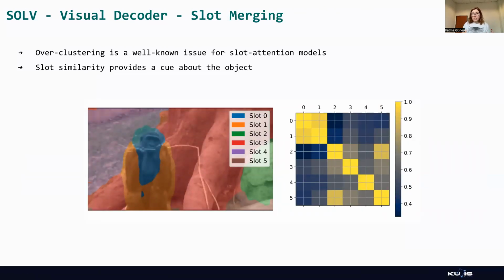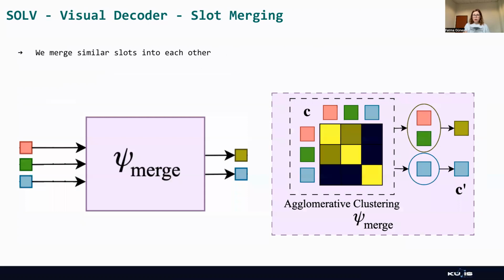So in slot attention, we have a fixed number of slots. Therefore, typically slot attention approaches suffer from the overclustering issue. Good news is that when we look at the similarity matrix of slots, we see that pixel embeddings from the same object are closer to each other than those of different objects. So we can simply merge slots using agglomerative clustering. Why agglomerative clustering?